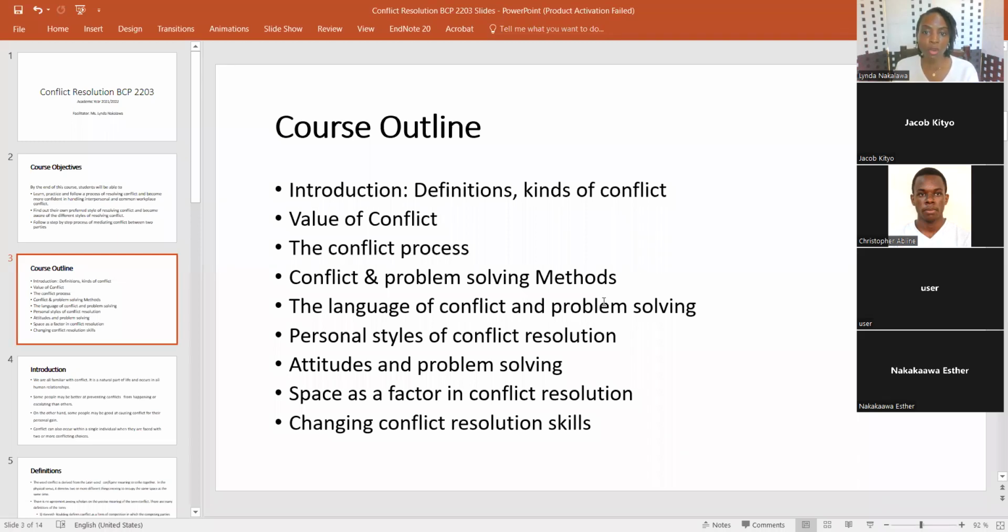Classifications of kinds of conflict have been proposed by different people, by peace and conflict people, by political scientists, maybe by organizational psychologists or organizational managers or human resource people.